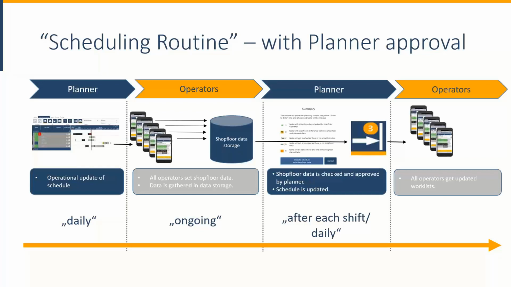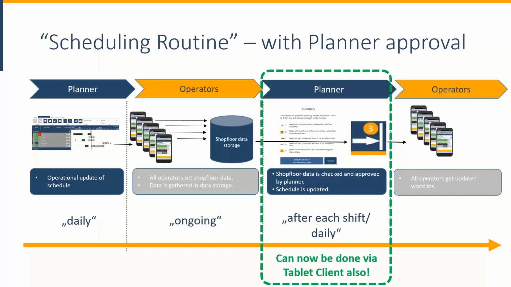But we have also learned that it can make sense in bigger companies to do it differently. But by the way, sorry, before switching to the other option, I of course wanted to point out that exactly that approval process can now be done in the tablet client also.